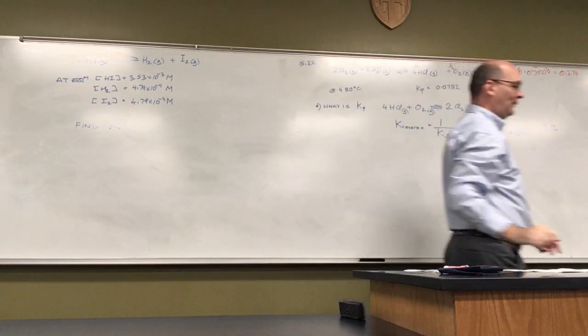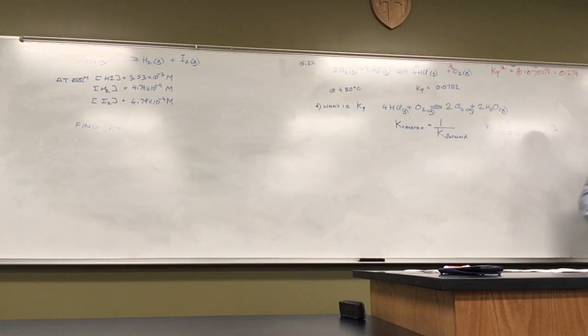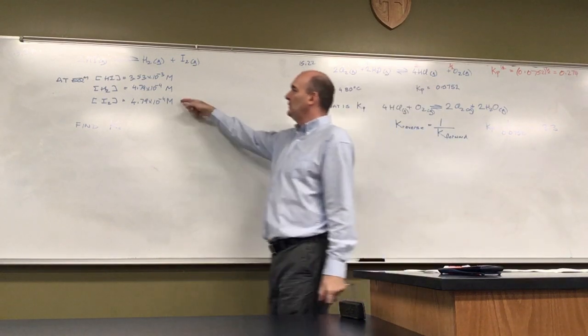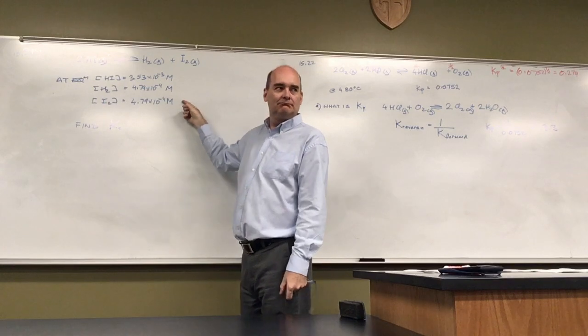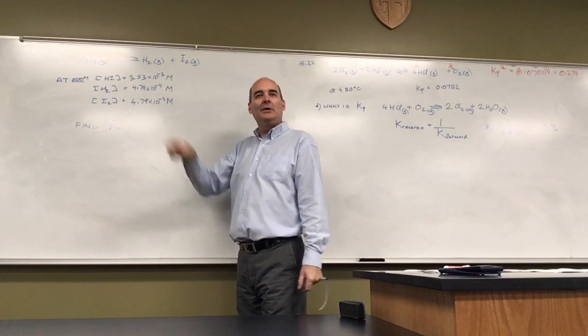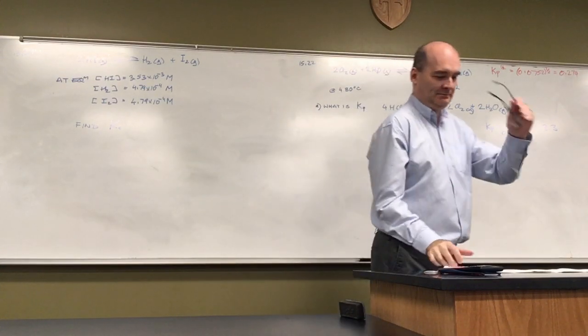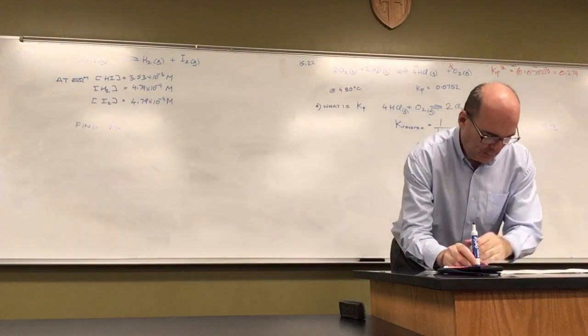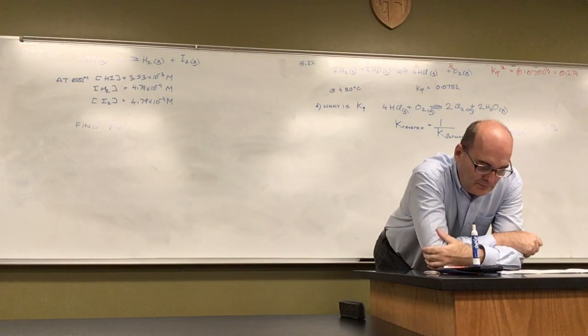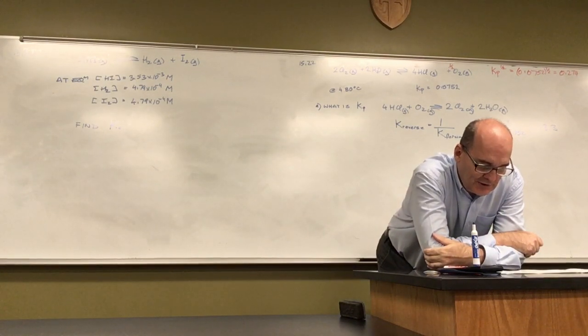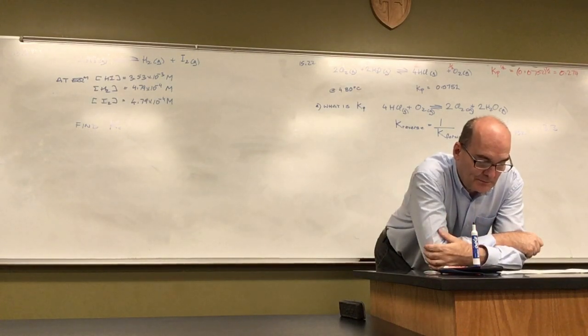Okay, now before we proceed, isn't it a coincidence that these two numbers are the same number? And then you read the question again. The question says, gaseous hydrogen iodide is placed in a closed container at 425 degrees Celsius, where it partially decomposes to hydrogen and iodine, following this equation.